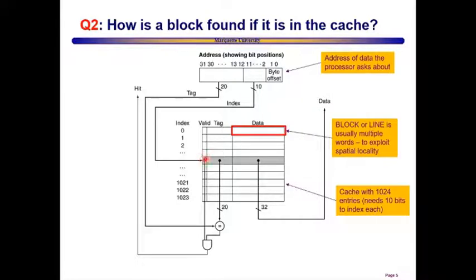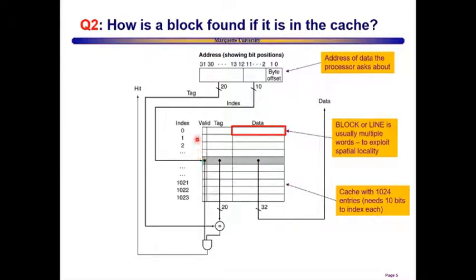Now the valid bit is just 1 bit and is necessary to signify whether the data, the block, this entry of the cache is valid or not. Remember, when we power up the processor for the first time, all the cache entries will be empty. They will not have any useful real data, and all the valid bits will be 0.